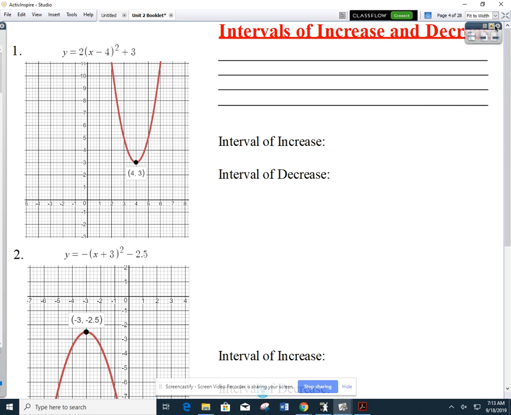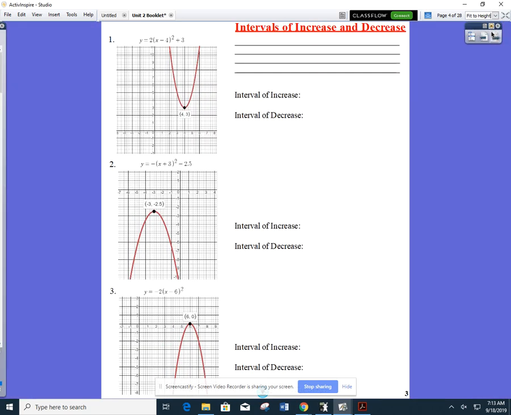I think by saying increase and decrease, it kind of implies increasing that the graph would be going up and decreasing that the graph would be going down. So if you look at these equations and you think, like, what could they mean by interval of increase and decrease? When is it going up?